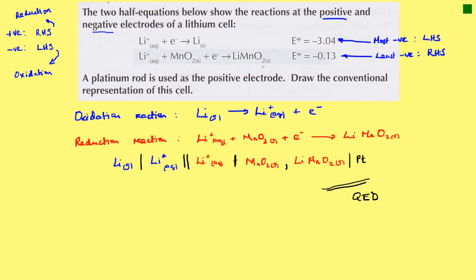The right is where reduction happens, and on the left hand side, the negative electrode, this is where oxidation happens. So that's worth remembering. I'll go over it again. The positive electrode is written on the right hand side, and at the positive electrode, that's where we get the reduction reaction. And the negative electrode is written on the left hand side, and that's where we get oxidation.